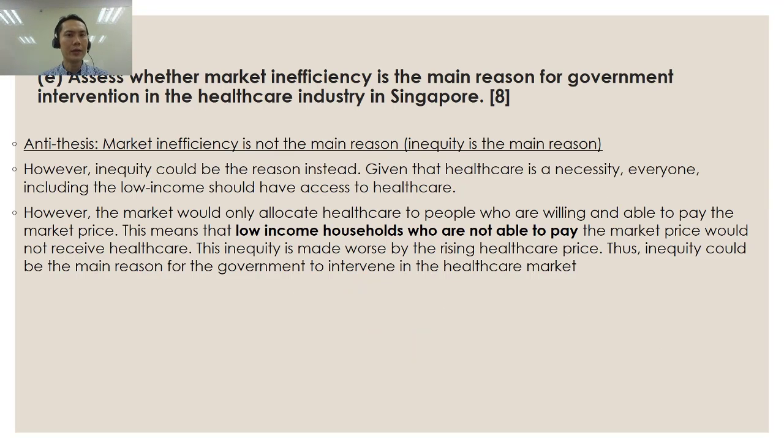Moving on to our antithesis, market inefficiency might not be the main reason. In contrast, inequity could be the main reason. We know that healthcare service is a necessity that everyone should be consuming, regardless of whether we are high income or low income.